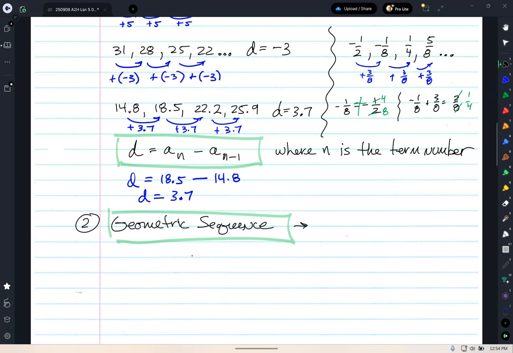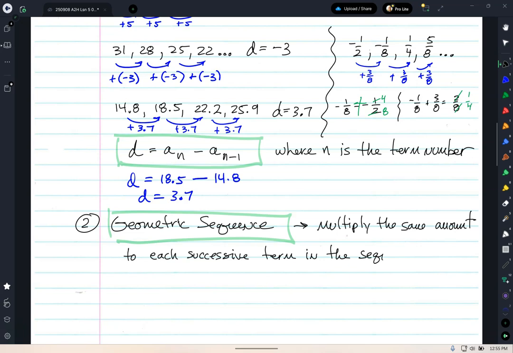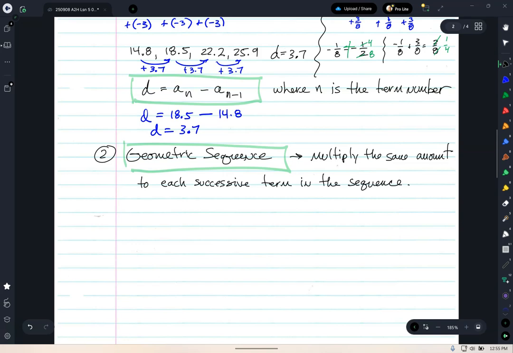But a geometric sequence is where we multiply the same amount to each successive term in the sequence.